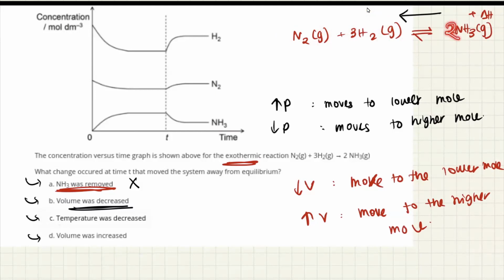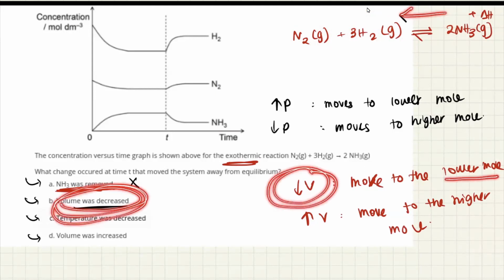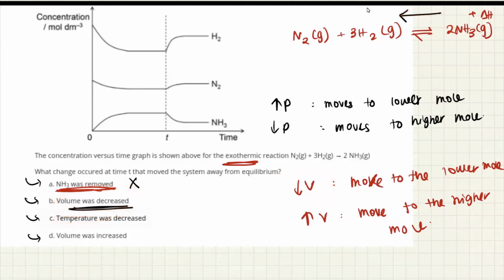So if we decrease our volume, it's going to move to the lower mole. Which one is our lower mole? The product side, because we only have 2 versus 4 on the reactant side. So it's going to move to the right. That's not it, because we want it to move to the left.